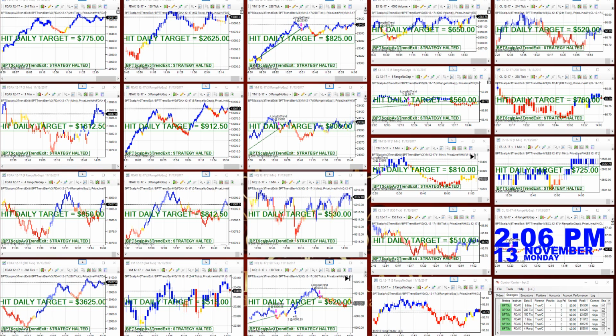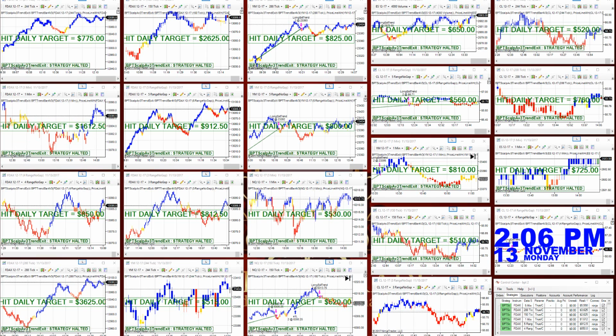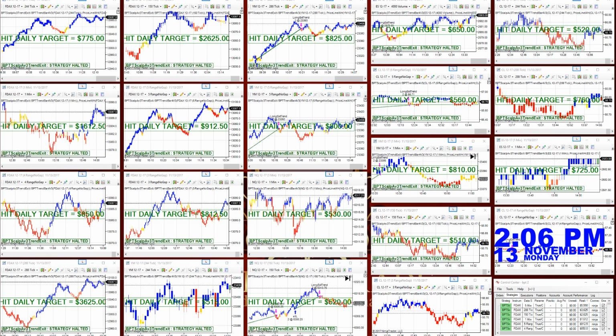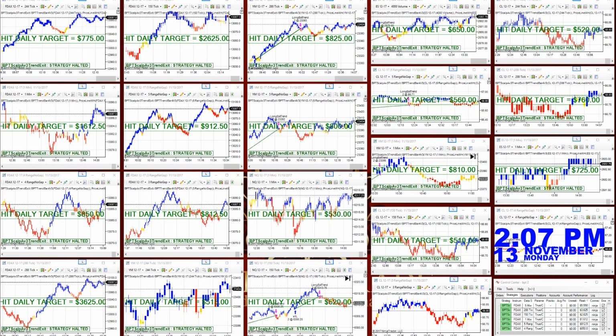So as an example, if we made 10 ticks on a limited order, and the market is going fast, sometimes you can have up to 2 ticks slippage on the way in and 2 ticks on the way out.